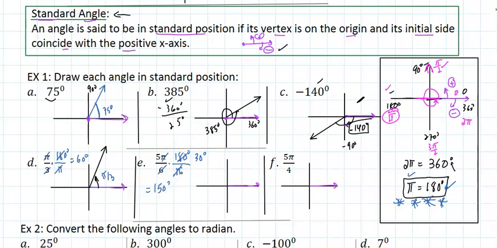Well, I know where 150 is. This is 90 degrees. This is 180 degrees. From 90, that's 60 past this. So a bit more than the halfway mark. Whether you tell me this is 150 degrees, or whether you tell me this is 5 pi over 6, for now, I don't mind. It's all good. Whatever works.